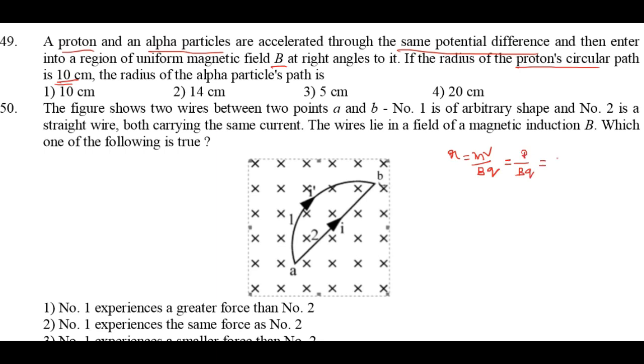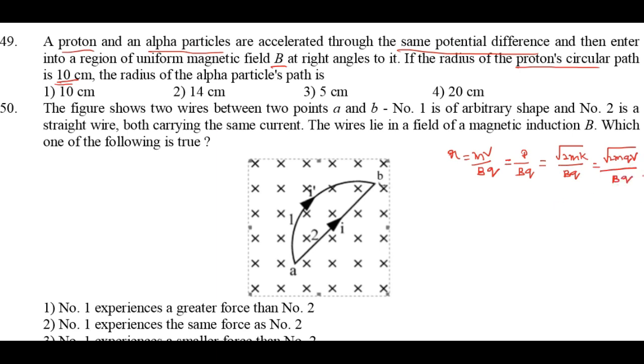Now p is equal to root of 2m times kinetic energy, and kinetic energy is qV, where V is potential and q is charge, divided by Bq.